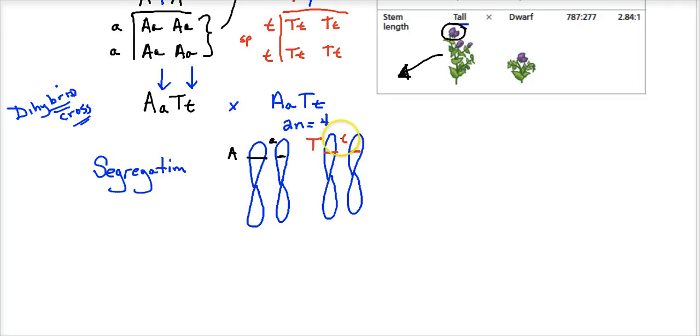And what I'm showing you is something called loci. This means that I'm showing a particular location on the chromosome. So when we write A and T, we're really saying that there are 2 positions on a chromosome where this part of the DNA codes for an enzyme that makes this phenotype, which in this case is the axial place where flowers are, or the tall stems.